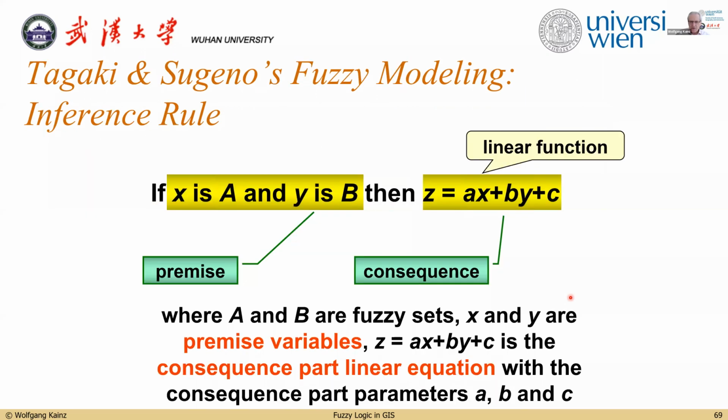I said there is a second way, which is called Takagi and Sugeno's fuzzy modeling. The rule on the premise side looks exactly the same. If x is A and y is B, then z is a linear function of the premise variables.